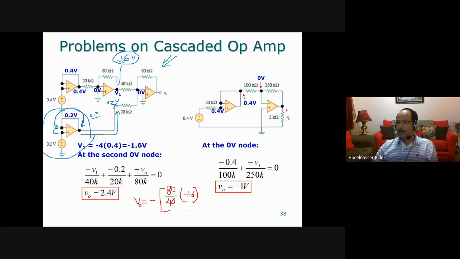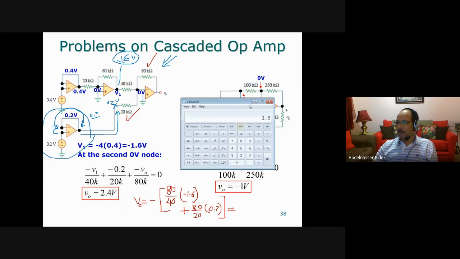Okay, plus 80 also divided by the other resistor here, which is 20K. So this 80 divided by this 20 times what? Times the other input, which is 0.2. That's it.